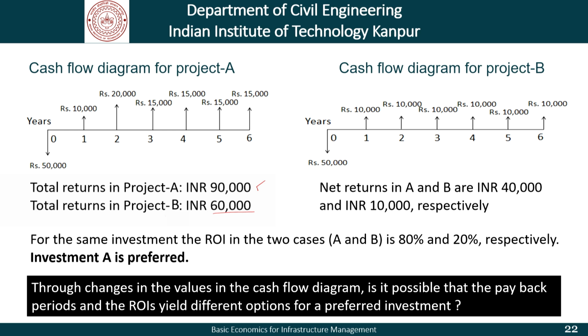But if I change these numbers, then is there a possibility that the payback period and the ROI give you different suggestions or different recommendations? So, basically the idea is that these parameters, whether it is payback period or the ROIs or other parameters that we are going to talk about, which consider the time value of money, are they absolute in terms of their recommendation?